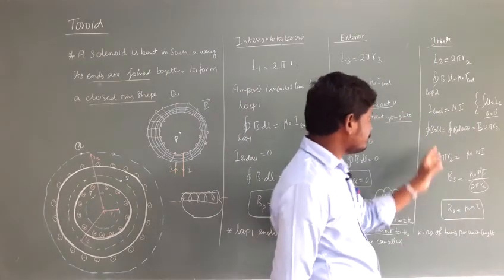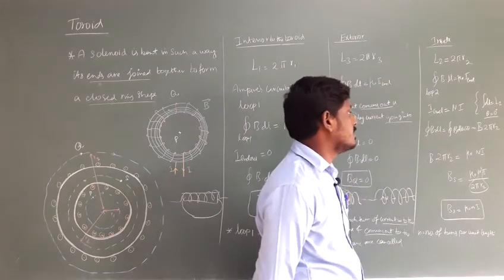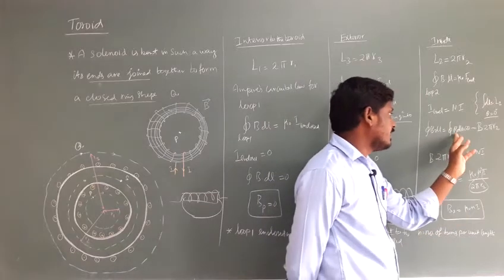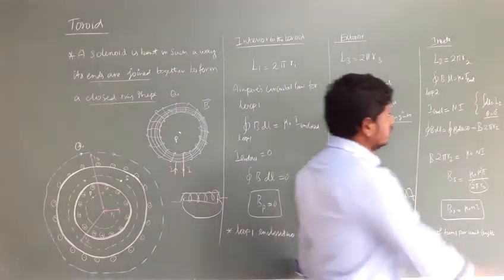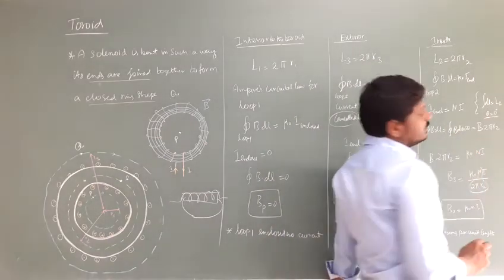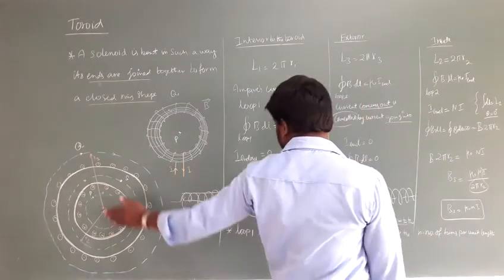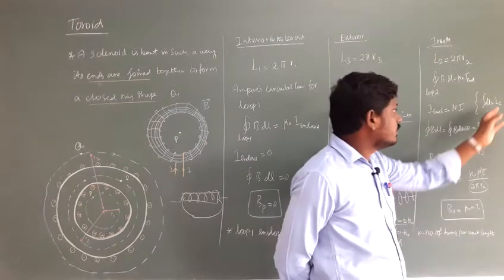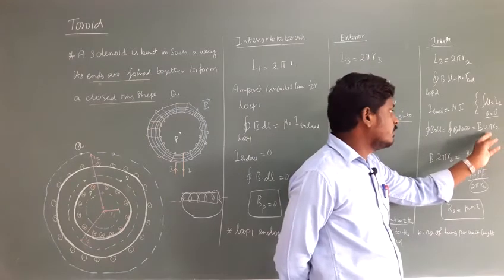Then using A dot B equal to AB cos theta, what is the angle between the magnetic field and dl? That is 0. The magnetic field and the line element dl are both in the same direction, so theta equals 0 and cos 0 is 1. So we get B dl, and integral dl is equal to L, which we already know. L is the length of the loop, that is the circumference, 2 pi R2.